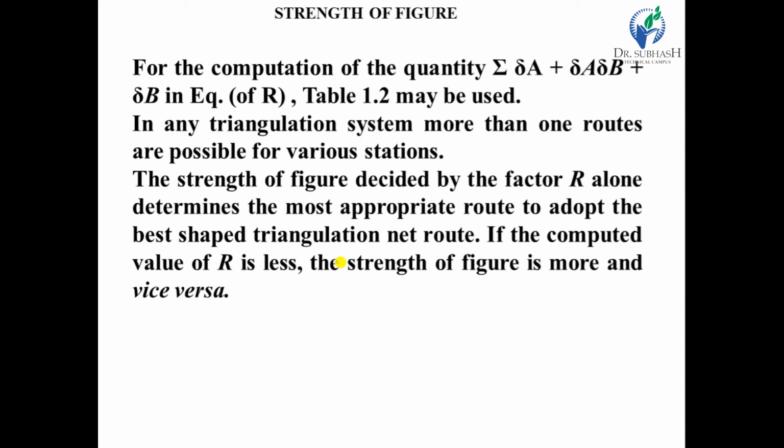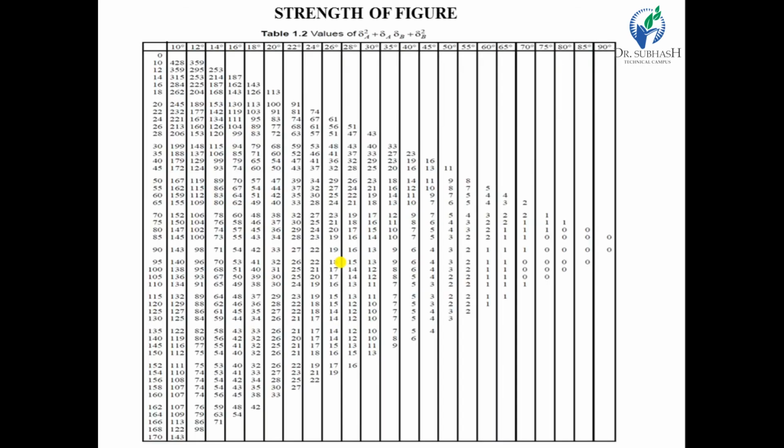If the computed value of R is less, the strength of figure is more, and if the computed value of R is more, the strength of figure is less. Now that is the table for calculation of values of R. So for given values of delta A and delta B, we can choose the value of R from the table for the calculation of strength of figure.